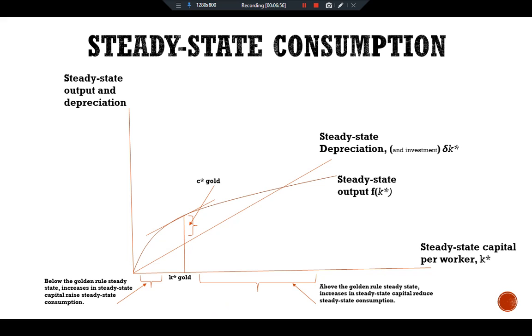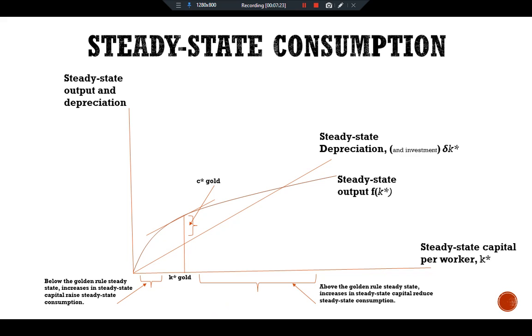In this case, the production function is flatter than the δk* line, so the gap between the curves, consumption, shrinks as k* rises. At the golden rule level of capital, the production function and the δk* line have the same slope and consumption is at its greatest level.